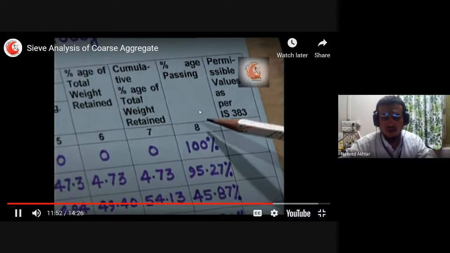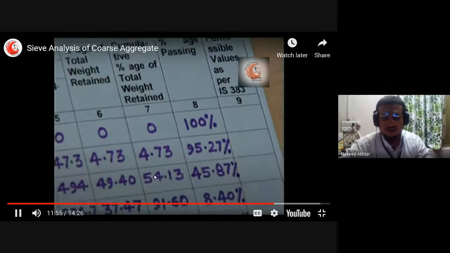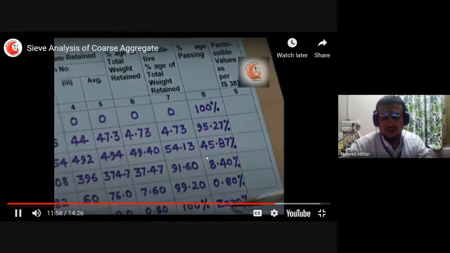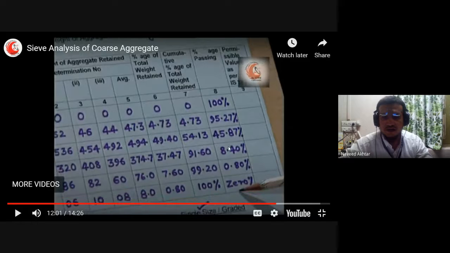Then 100 minus 54.13 will give 45.87, and likewise for each sieve you have to find the percentage passing, till at the end the percentage passing at the pan comes to 0.